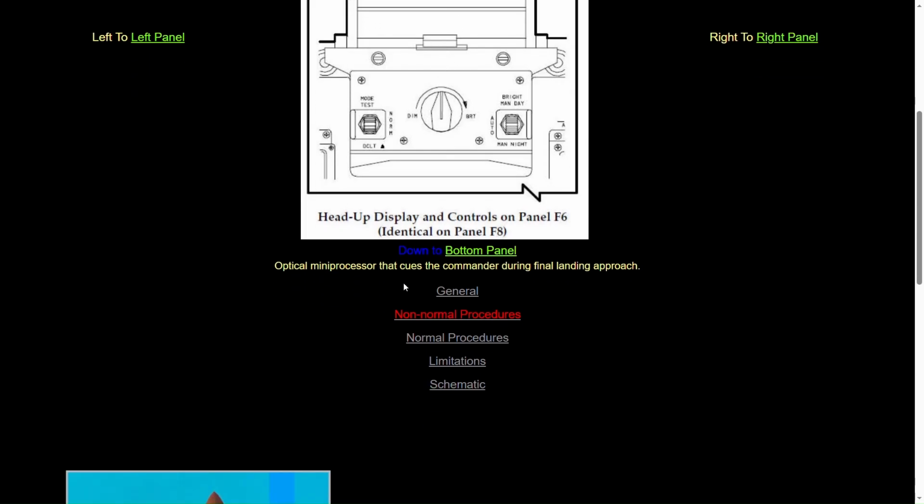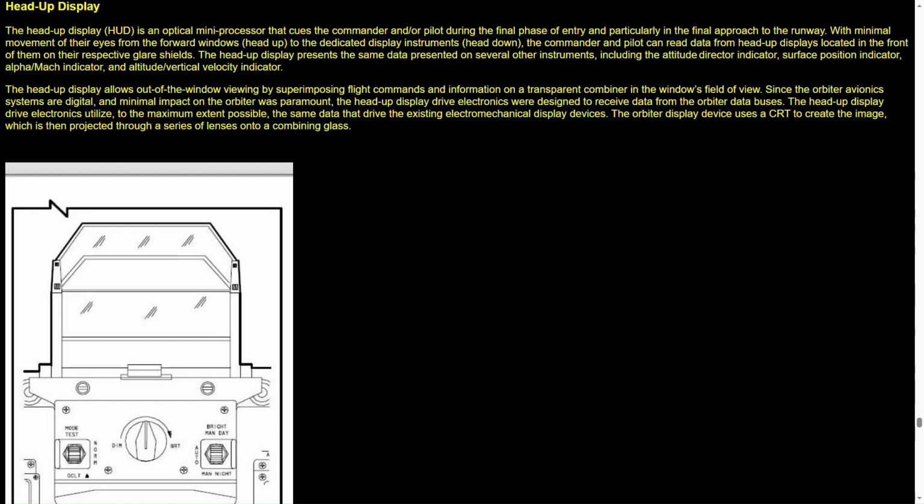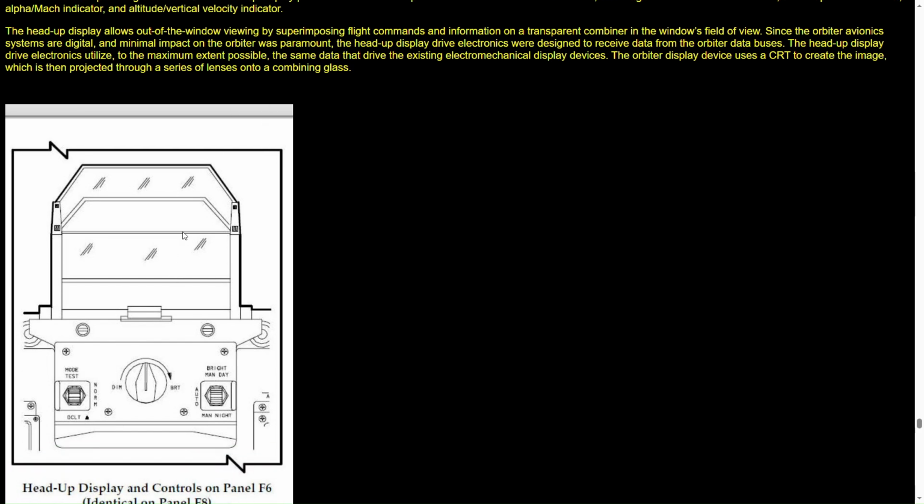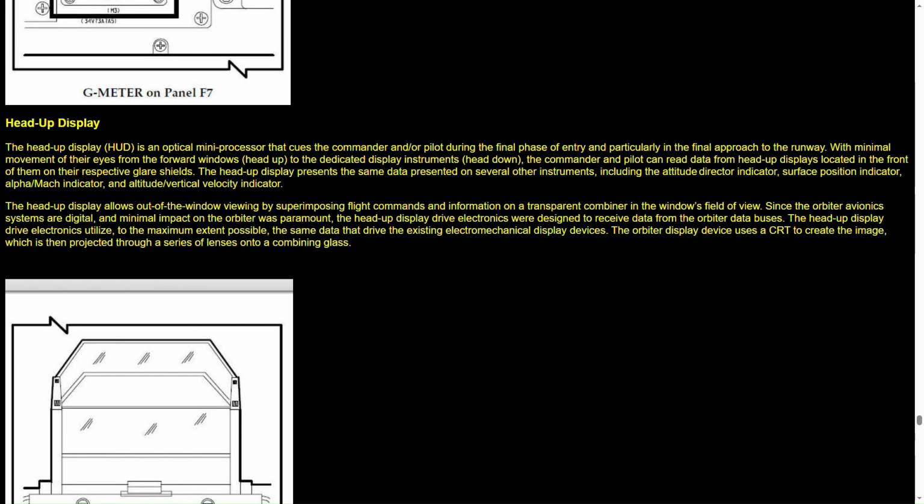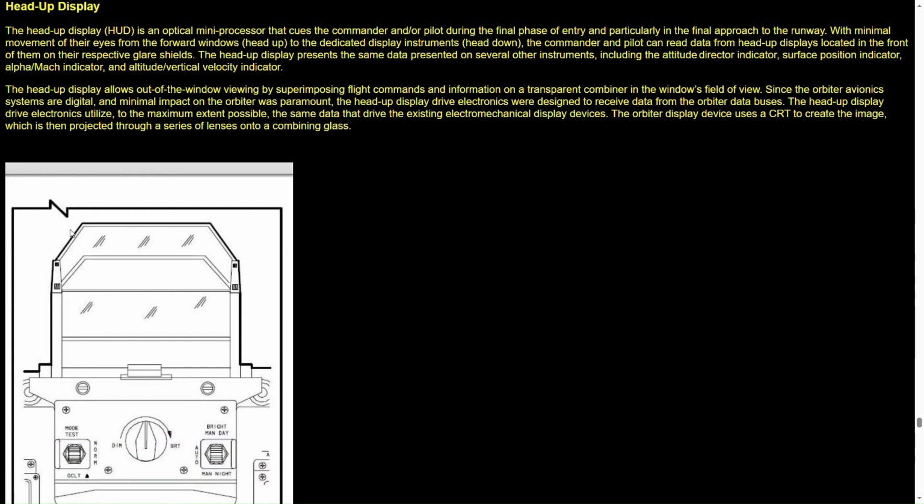Now over here, if we go to General, it'll take you to the description of the heads-up display and how it works. But usually, you see this on the car. It has some glass here, and on that glass, they reflect information that you would see in the EFIS, that kind of information, what the pilot needs to fly the spacecraft, will be right here.